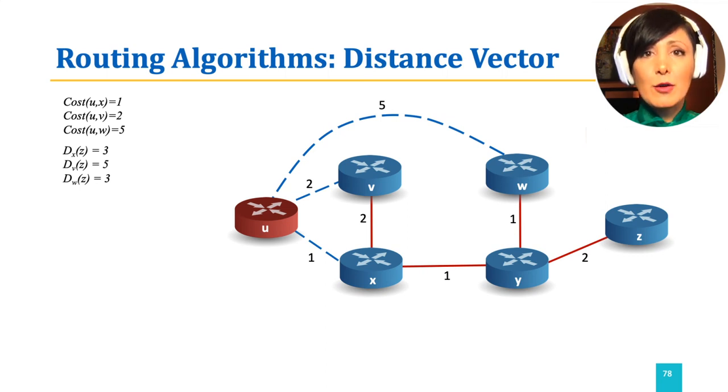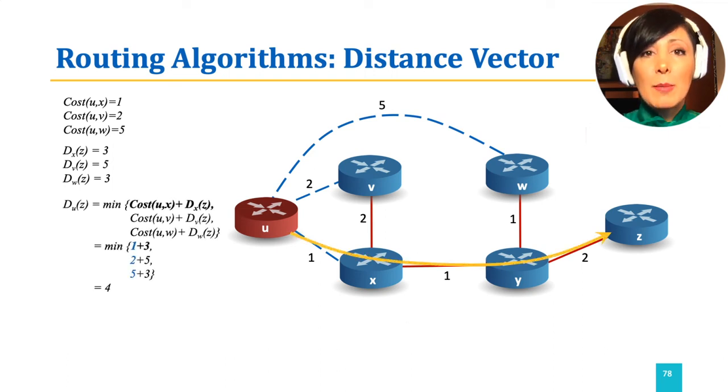Using these pieces of information in the Bellman-Ford equation, du(Z) will be the minimum of dx(Z) plus cost of U and X, dv(Z) plus cost of U and V, and dw(Z) plus cost of U and W, which is the minimum of 1 plus 3, 2 plus 5, and 5 plus 3. 1 plus 3, which is the path through neighbor X, is the minimum. Therefore, the next hop towards the path to Z will be chosen to be the node X.